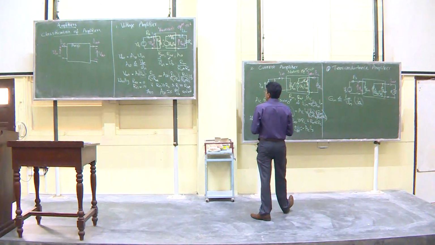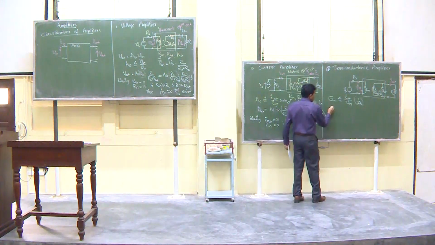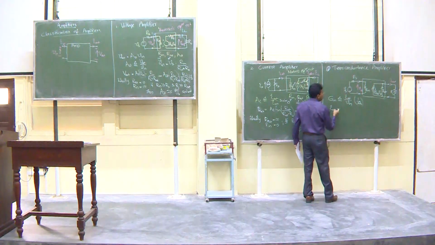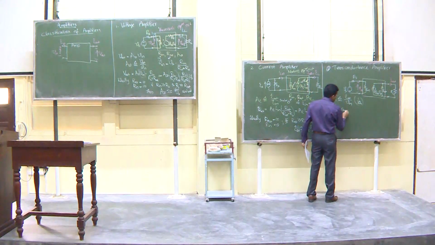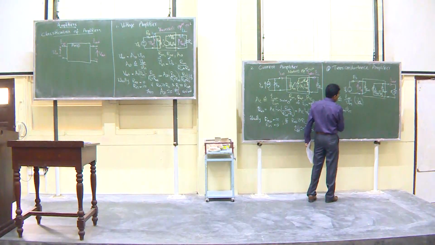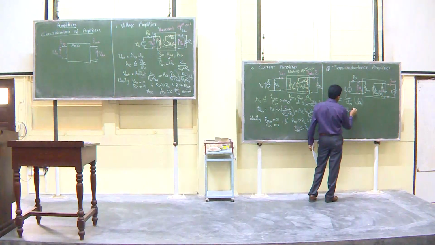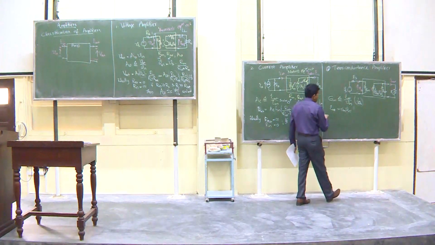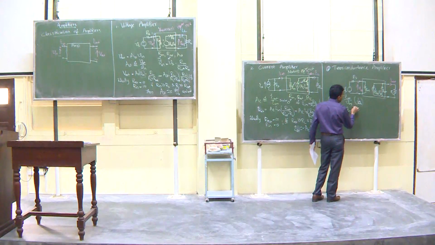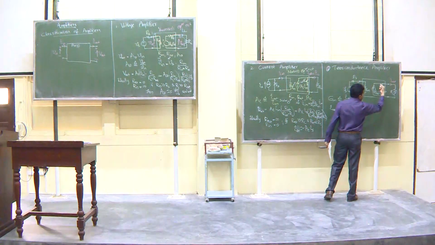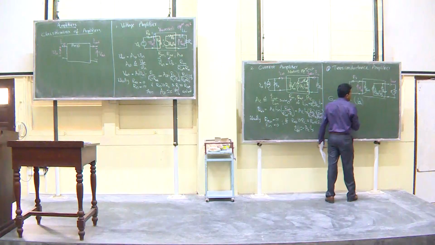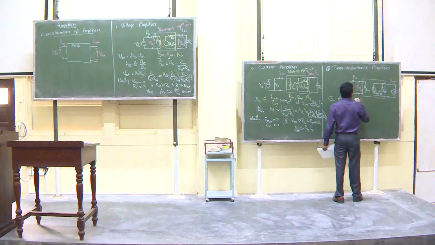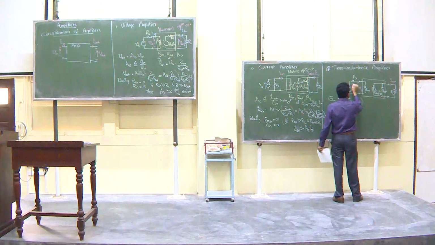Okay. So now I can do the same thing. I out is equal to GM times V in, but when there is a current flowing to the load, this is going to divide the current between this and that, right. So there is some current going through this, and there is going to be some voltage here.